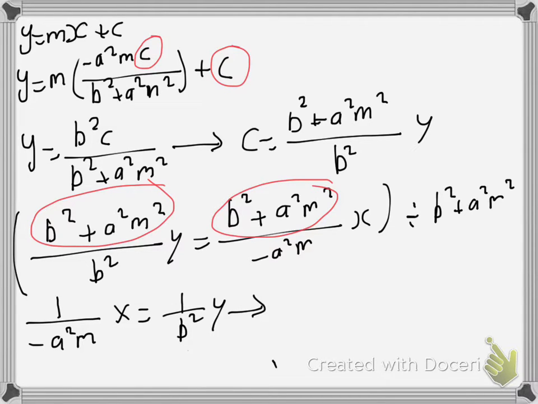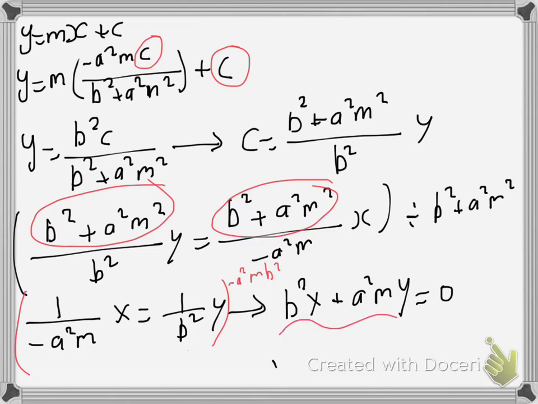You keep rearranging by making common denominators, so you multiply everything here by negative a squared m b squared and rearrange, make it equal to 0, so you will end up with b squared x plus a squared m y equals 0, which is a line equation.